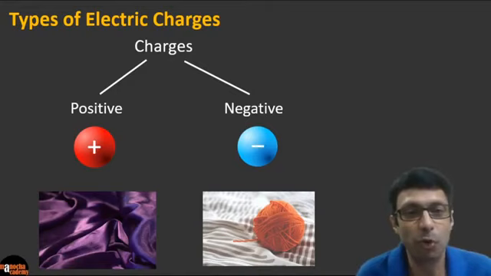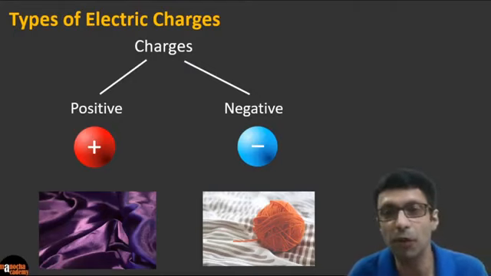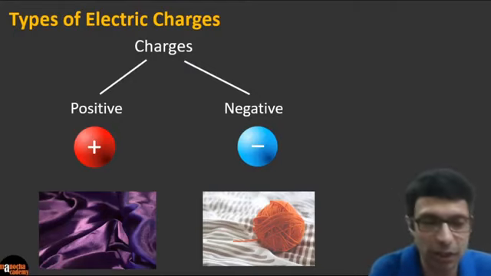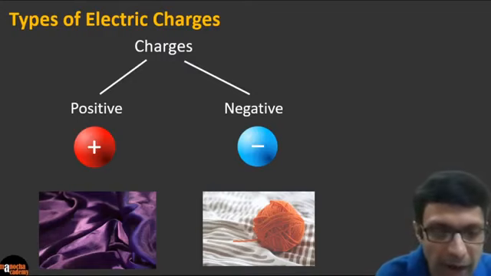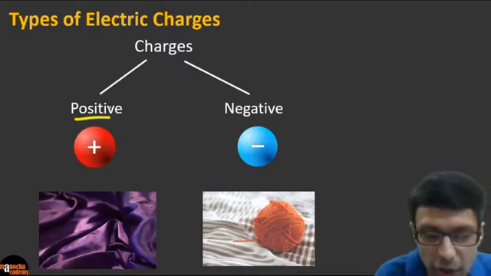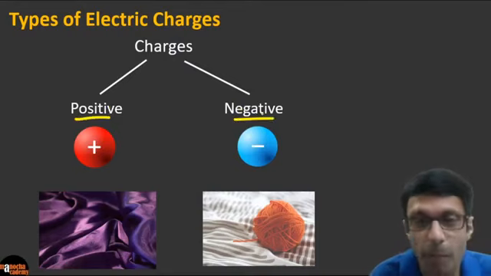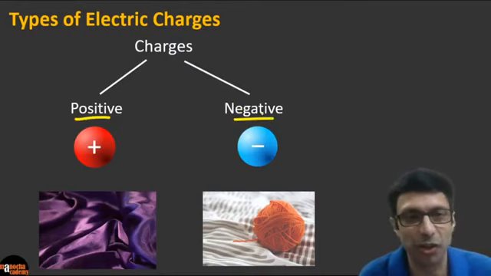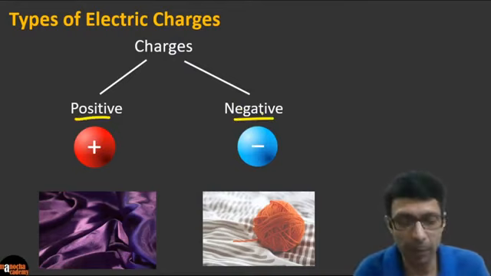Before we start on what exactly is electricity, let's take a look at what are the types of electric charges. You can divide the charges into positive and negative. And how do you get positive charge?